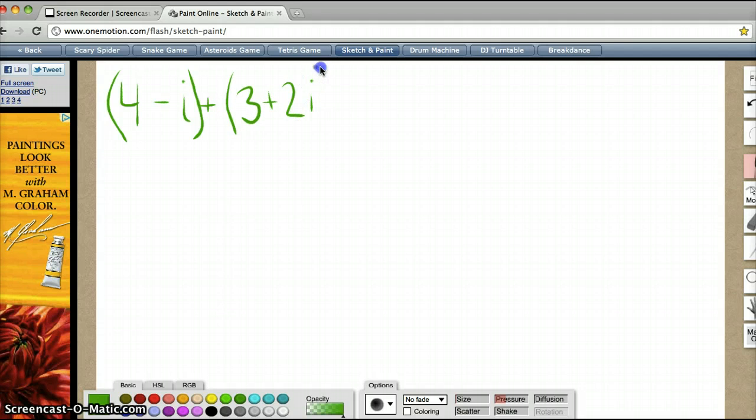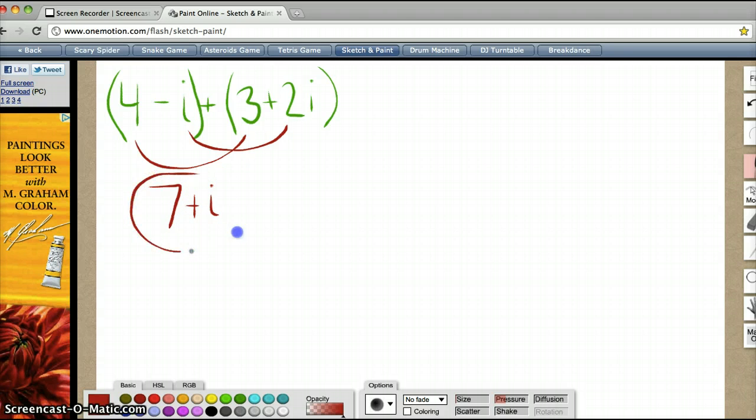All right, so let's see what we've got here. We've got 4 plus 3. So all you're going to do is go 4 plus 3, which is 7, and a negative i plus a positive 2i, which is simply plus i. And that is your answer.